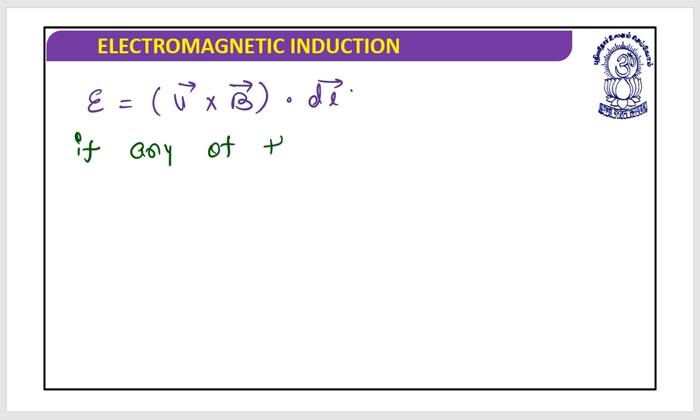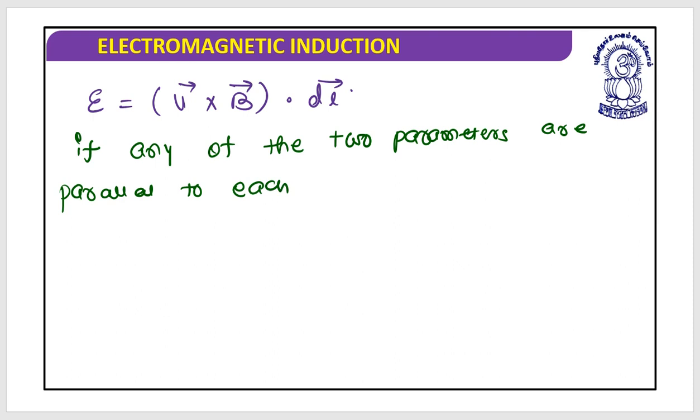While I write (v cross B) dot dl, I understand that if any two parameters are parallel to each other, then the motional EMF will be 0.